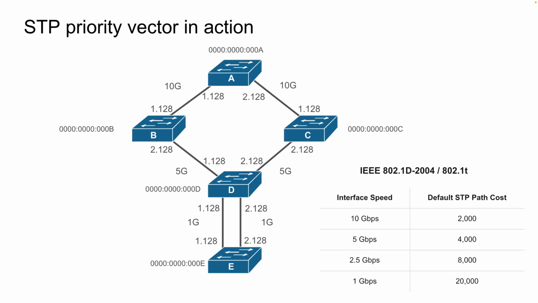So let's see how the STP priority vector acts in the calculation of the spanning tree topology. Here you can see this sample network, and you can infer which switch becomes the root bridge, right?